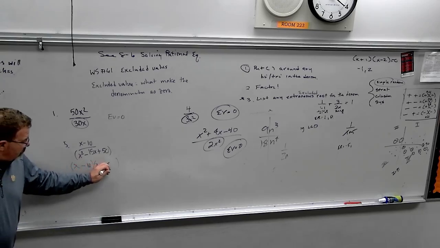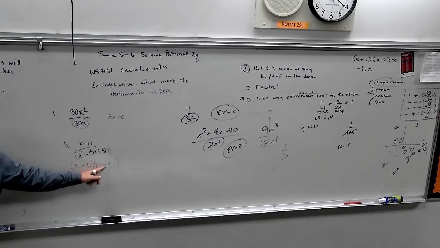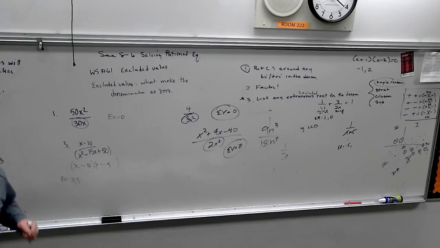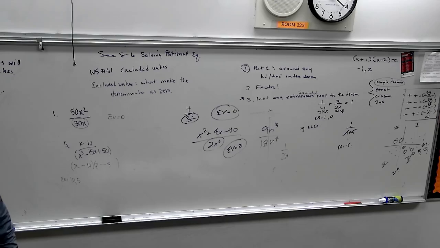All right, we're done. What would make this go to 0? Positive 10, positive 5. Opposite of what you see. There you go, we're done. Notice we're not canceling. All you're doing is telling me your excluded values. That is all you do on 1 through 16.